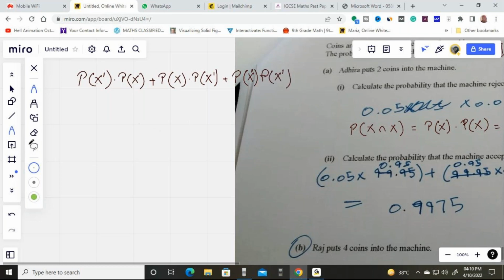So 1 minus 0.05 is 0.95. So 0.95 into 0.05 plus 0.05 into 0.95 plus 0.95 whole square.